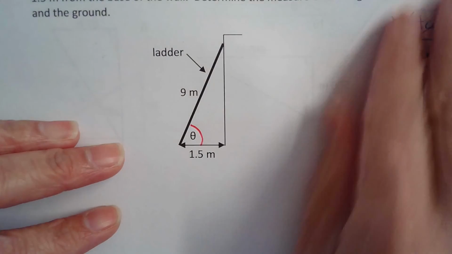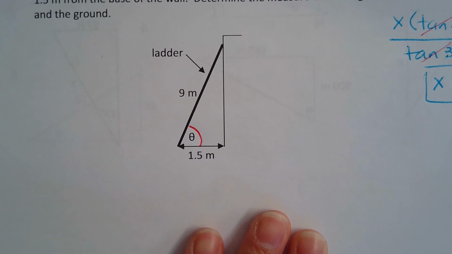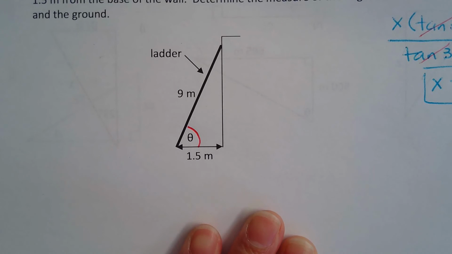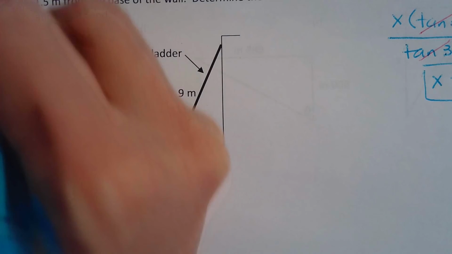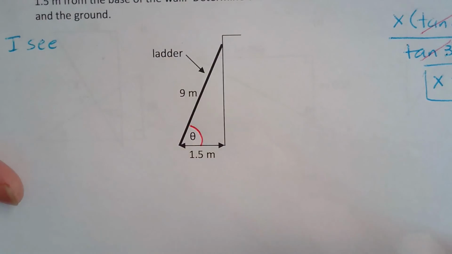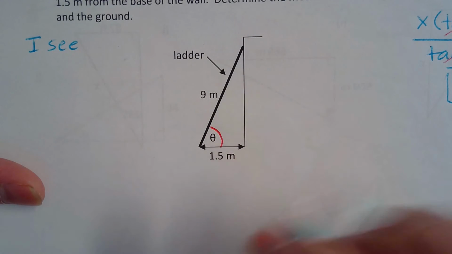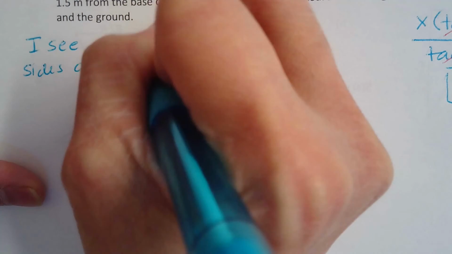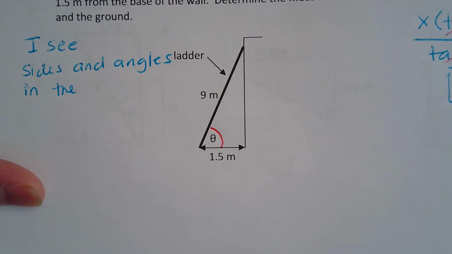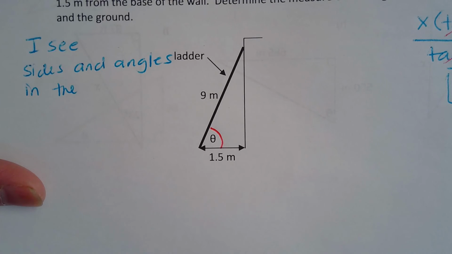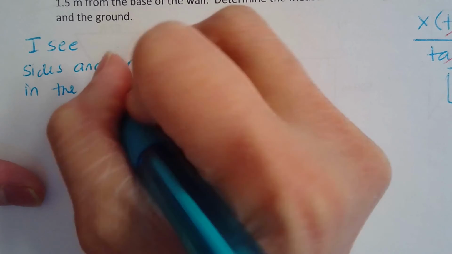So, how do we decide, and what do you think? Verbalize what we're seeing here. What do you see? I see sides and angles involved in the triangle.